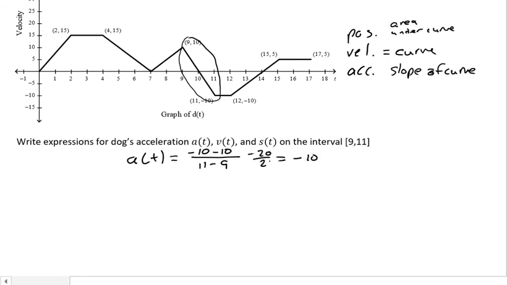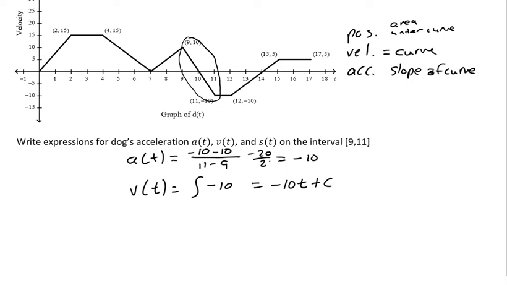Now to determine our velocity function, we have to take the integral of negative 10, which of course is negative 10t plus c. Well, what's c? We need a value of c, we can't just have plus c, that doesn't work. Well, if we look at 9 here, our velocity at 9 is 10.